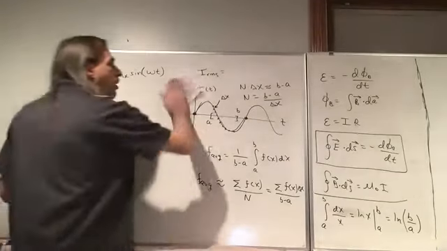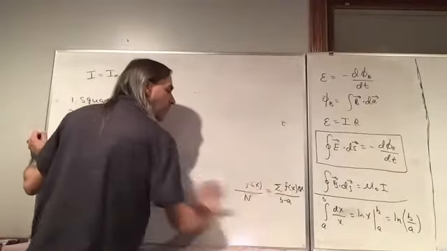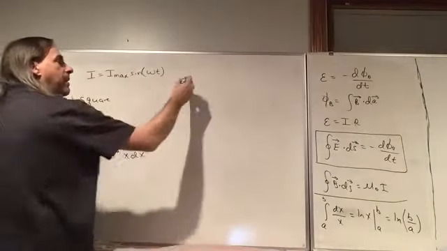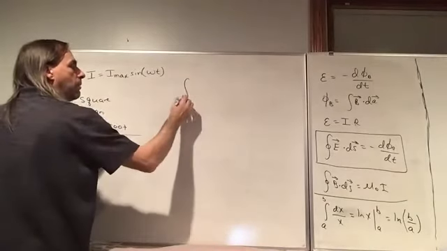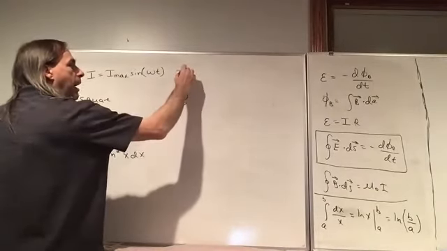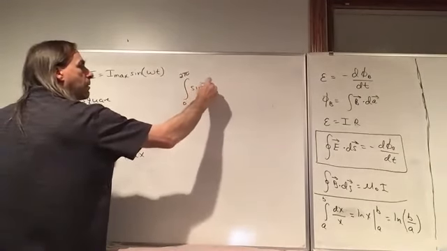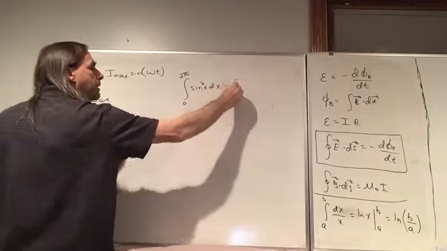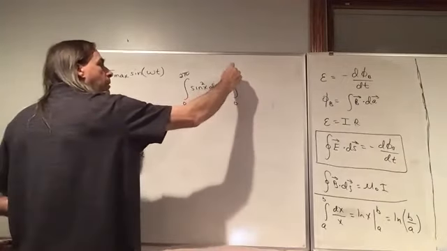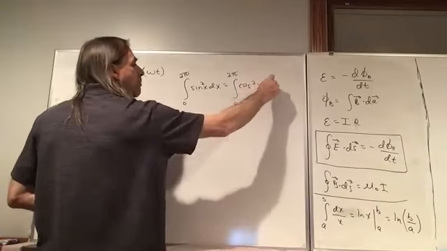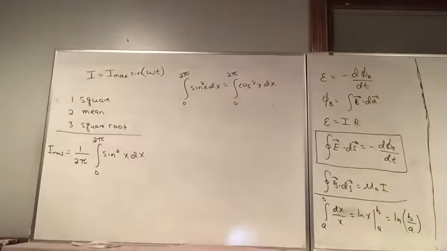If we look over one interval, I'm going to make a statement and say that the integral from 0 to 2 pi of sine squared x dx is equal to the integral from 0 to 2 pi of cosine squared x dx. Why is that?